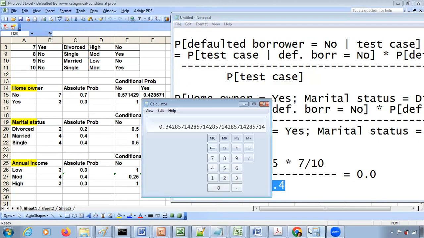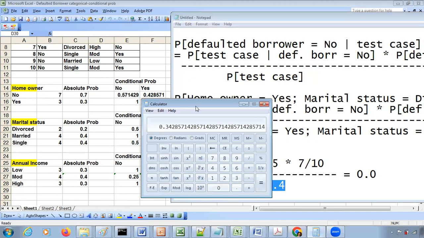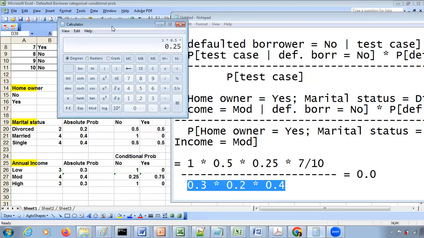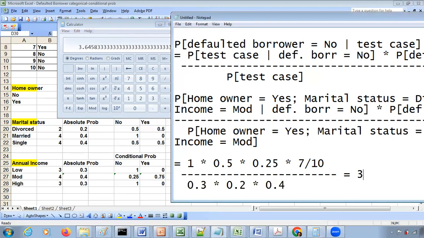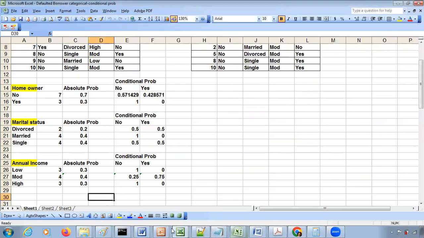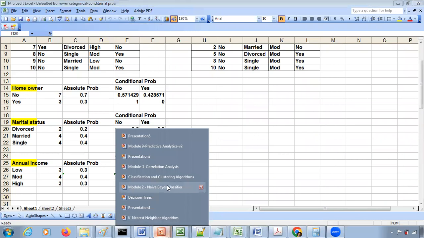If we do the math for this, it's going to be 1 times 0.5 times 0.25 times 7 divided by 10, divided by 0.3, divided by 0.2, divided by 0.4. It's going to be 3.6458. As I said, for conditional probabilities, you could get a value greater than 1. It's obviously greater than 0.